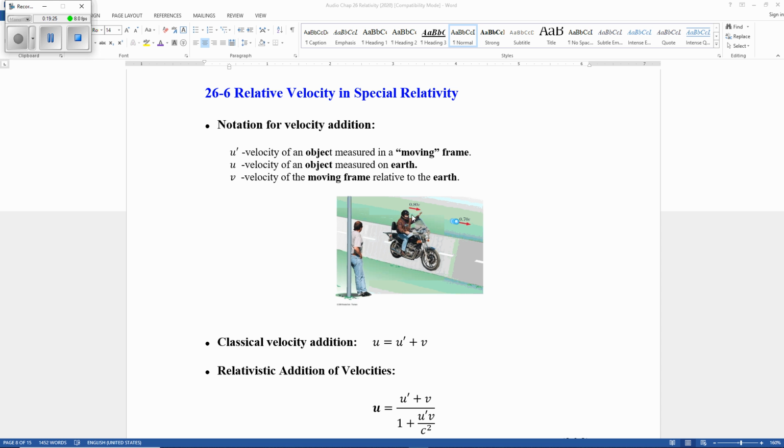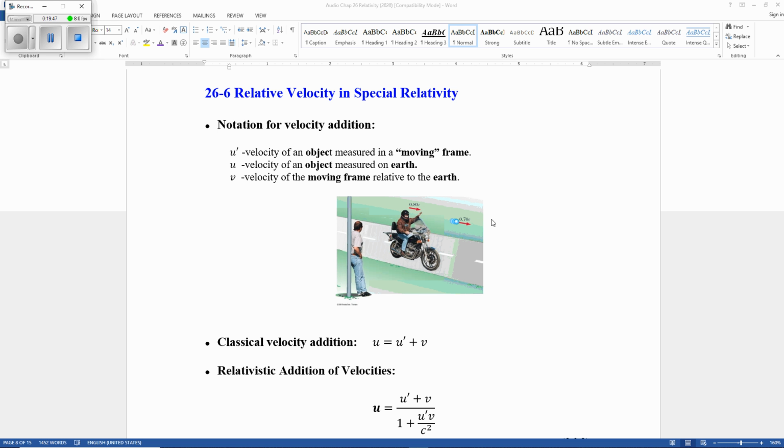Now the vehicle goes 0.8 and throws a baseball at 0.7. So to this guy on the Earth, do you think it will be 1.5 c? Well, that's impossible, because nothing can go faster than the speed of light. Then what's it going to be?